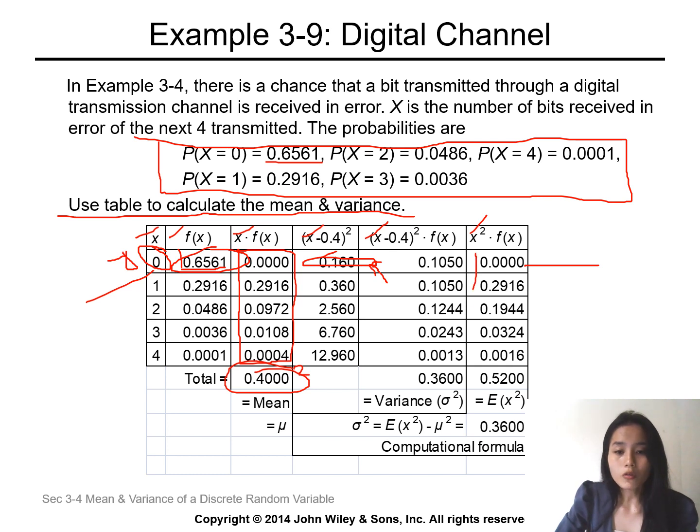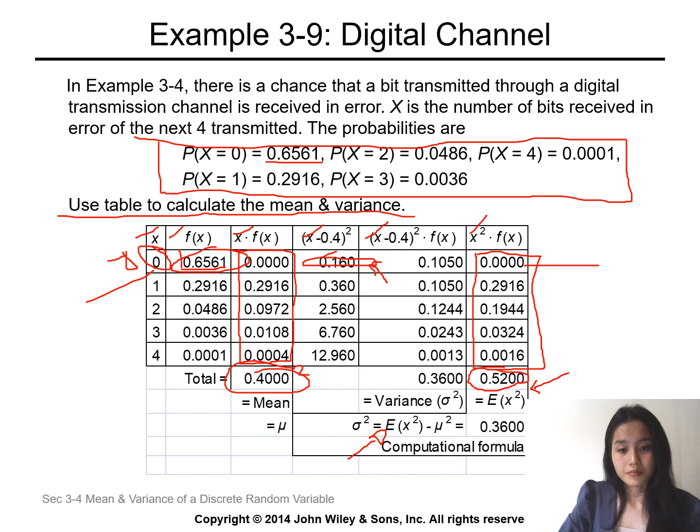The overall total, or the summation of these values, is equal to E of x squared. We need this for our variance. To get the variance we need the mean.